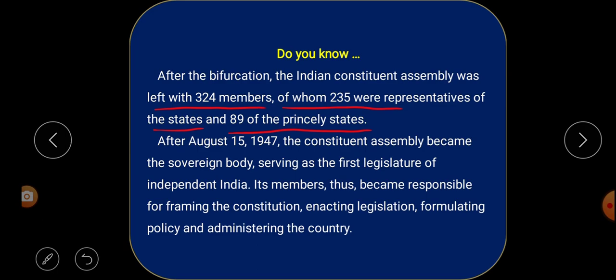Before, how many members were there? 389 members. Earlier there were 93 princely states, but after the division there were only 89 princely states.